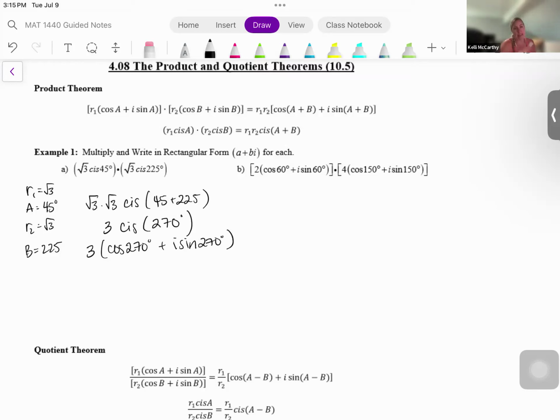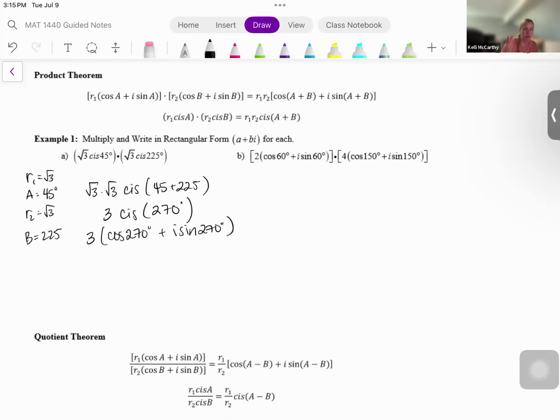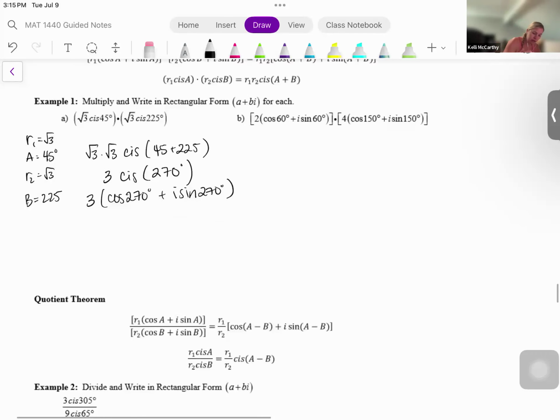Where I'm going with this is I didn't read that initial directions. We do want to multiply and then write it in rectangular form, that A plus BI form. So I need to take that polar form and now convert it to rectangular form. 270 degrees, that's our quadrantal angle, that negative y-axis, that ordered pair being 0, -1.